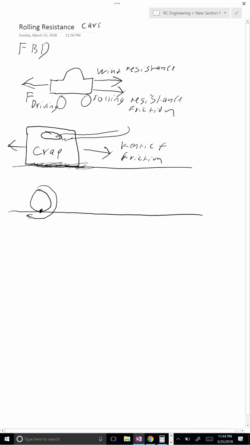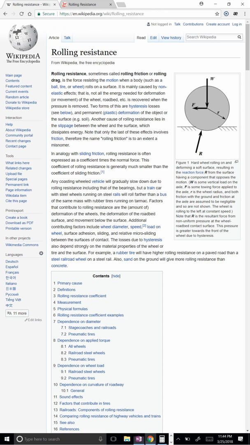The wheel allows us to increase the efficiency of transportation, because regular friction, kinetic friction, we'll call it from now on dragging friction, is way higher than rolling friction. So that's why we have wheels. It's able to benefit our lives drastically by the increase in efficiency, right? But the funny thing is that the equations are very similar. The only thing that's different is some of the coefficients. We'll talk about that here in a second.